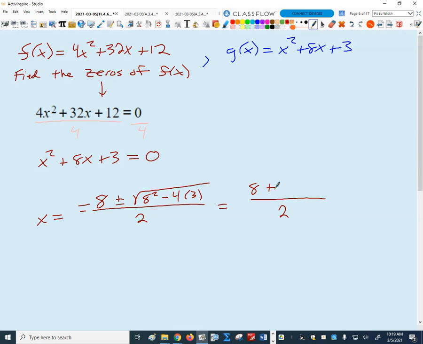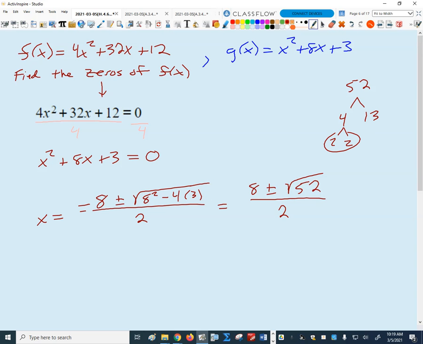So I get 8 plus or minus the square root of 64 minus 12, which is 52. Well, I know if I take 52, 4 goes into that, right? 4 goes into that 13 times. So I'm going to get a couple 2's, right?